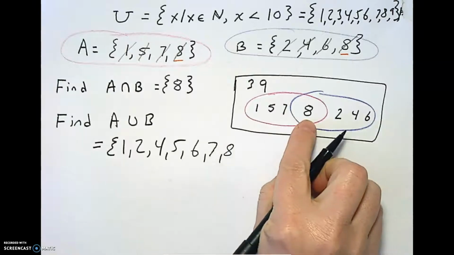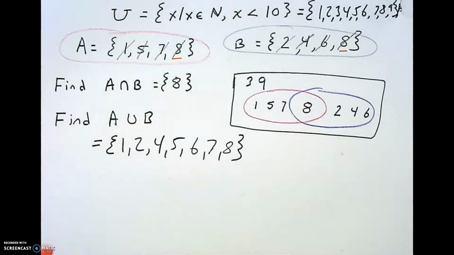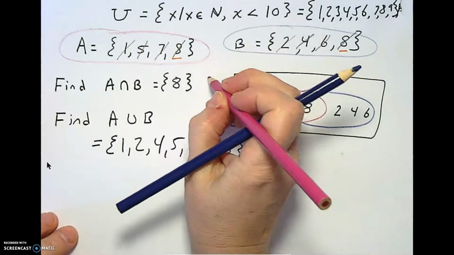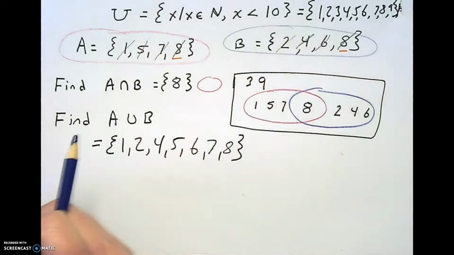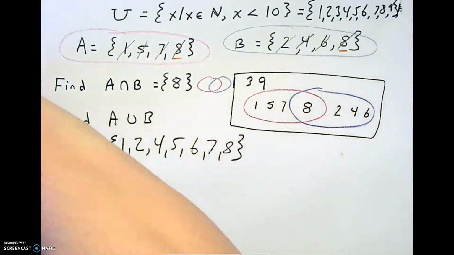The union is, I'm going to draw some shaded pictures here. For A intersect B, it is the shaded area that's right here.